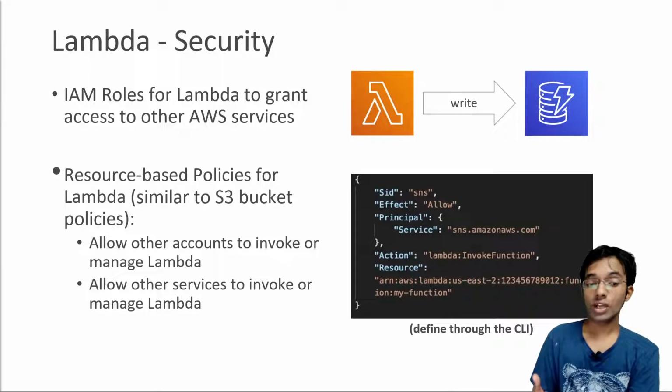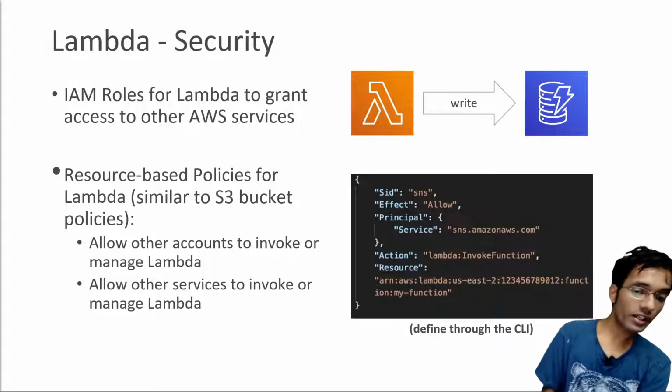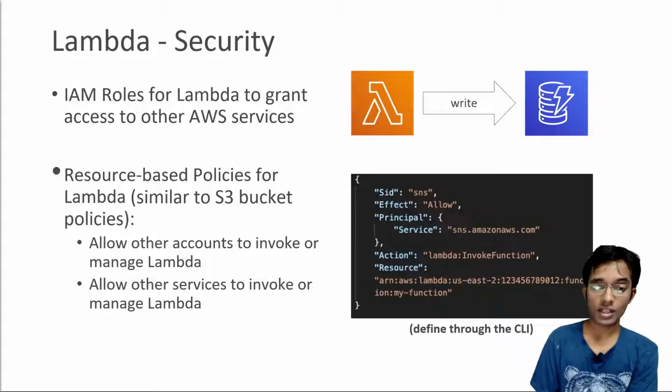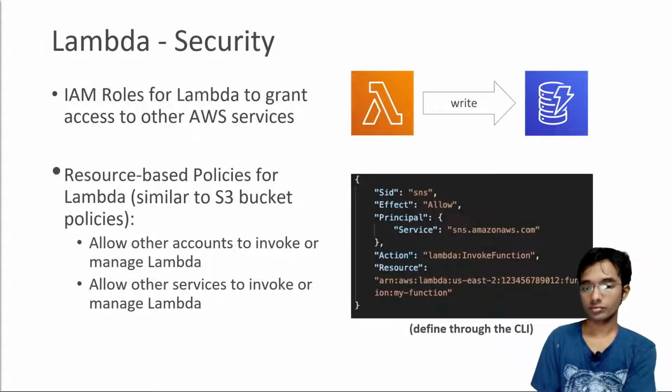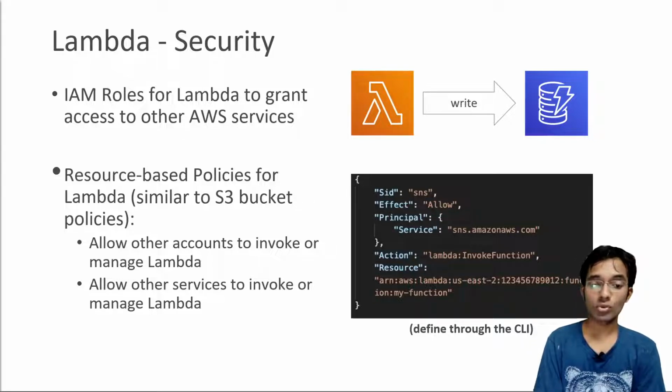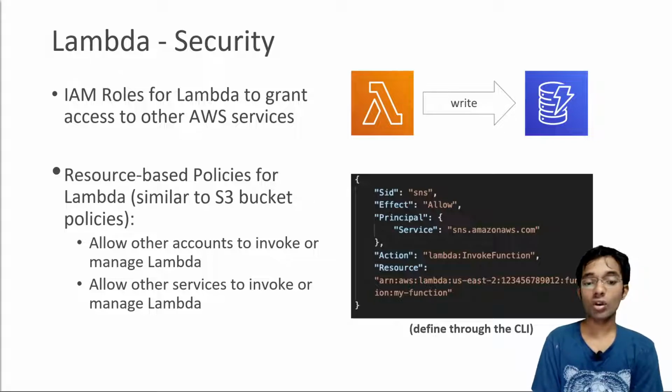So the resource policy allows SNS to invoke our Lambda function, and that makes sense: whenever a Lambda function is invoked by SNS, you need to have some kind of security in place to make sure that it is allowed. So behind the scenes, when you connect SNS to a Lambda function, a resource-based policy gets created.